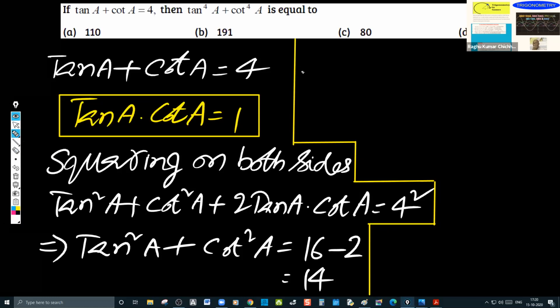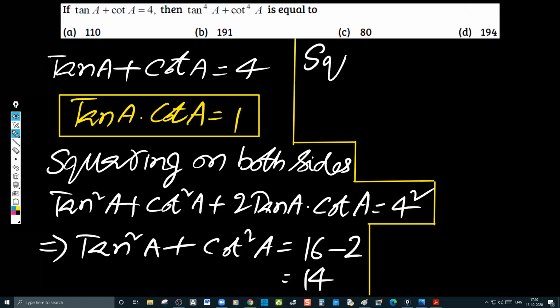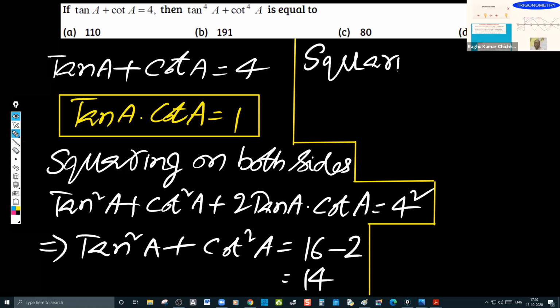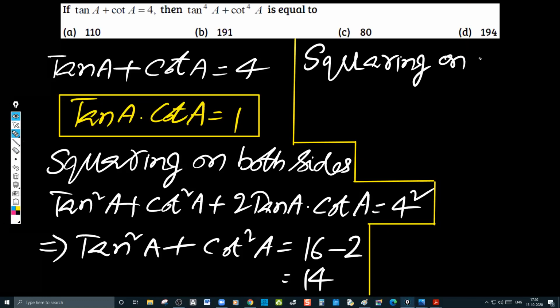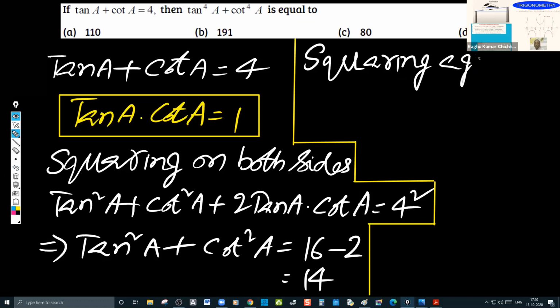So what is to be done next? Squaring on both sides again. What is that you get?